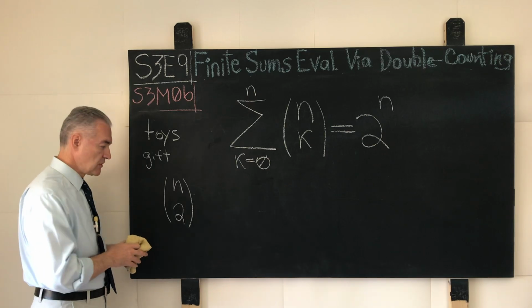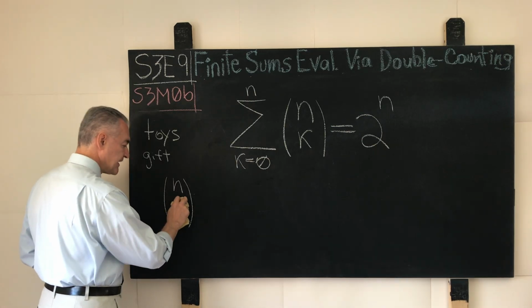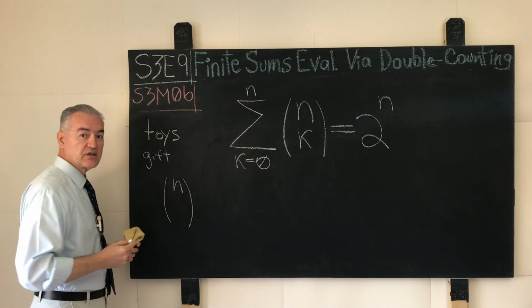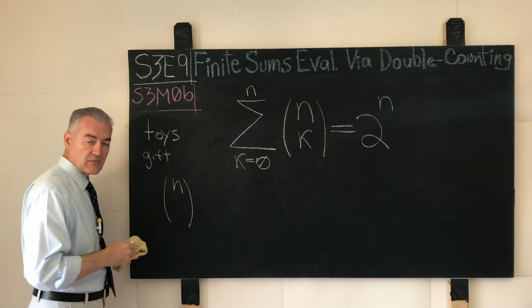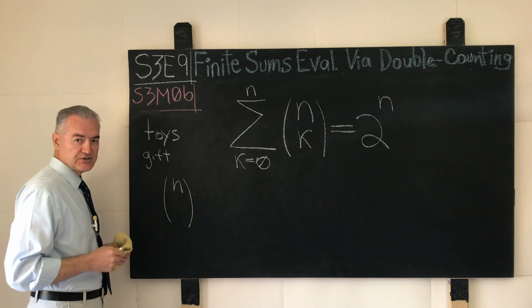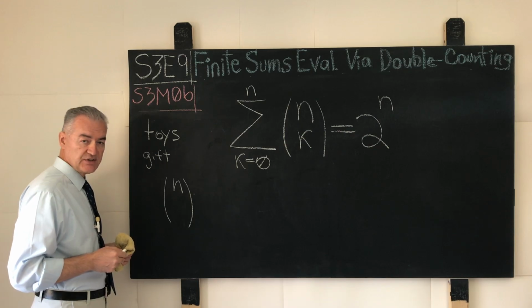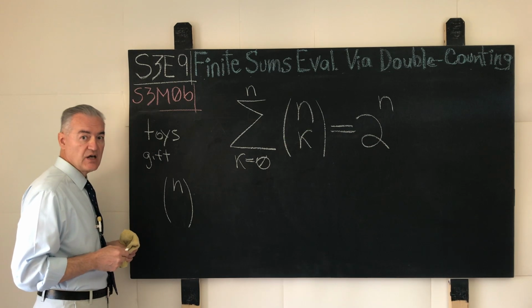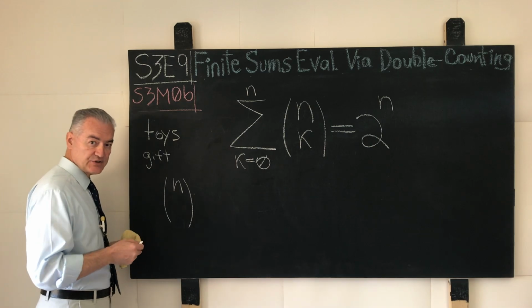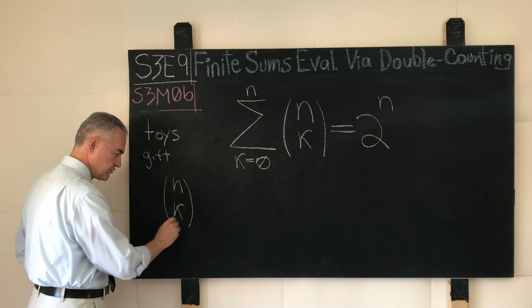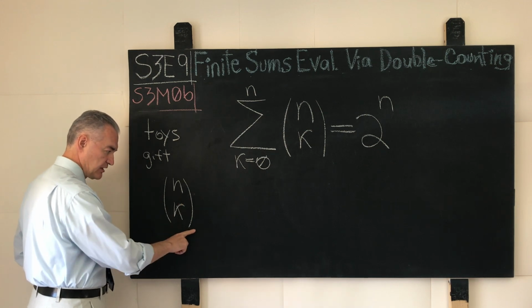In general, the number of k-sized gifts that can be constructed from n distinct toys with repetitions not allowed, where the order of the toys is irrelevant, is equal to the number of ways in which k such toys can be chosen from the set of n. That number is given by the binomial coefficient n choose k.